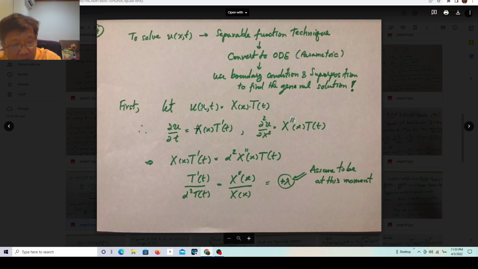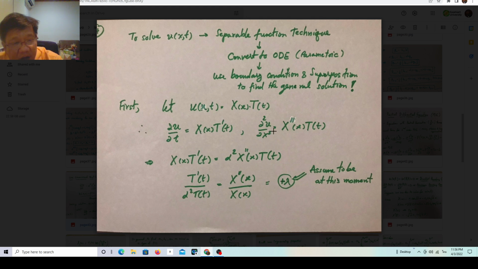So capital X as a function of small x becomes constant, and only the derivative in the t term remains. We represent it here as the first order derivative of T with respect to t.